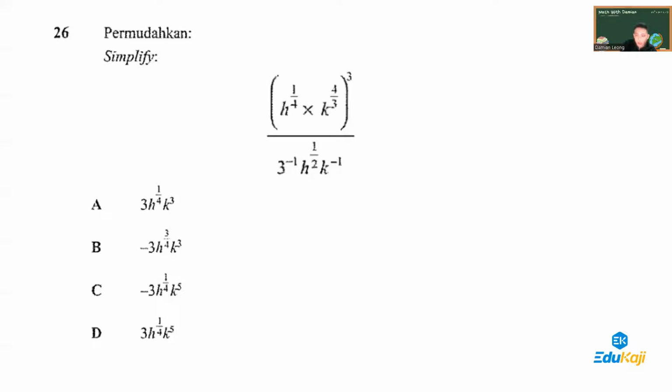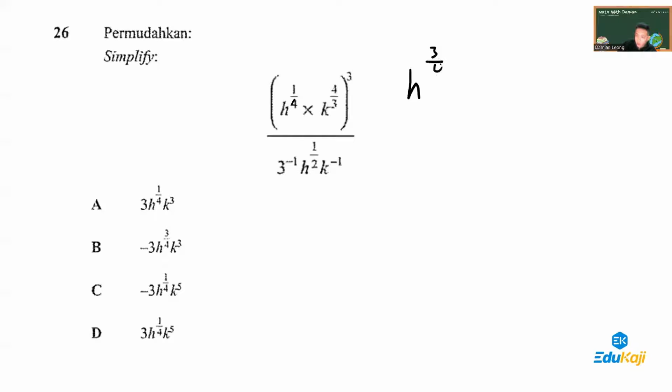Question 26, just simplify this. So I expand the bracket first, which means everything gets power 3. Power on top of power, they'll multiply.